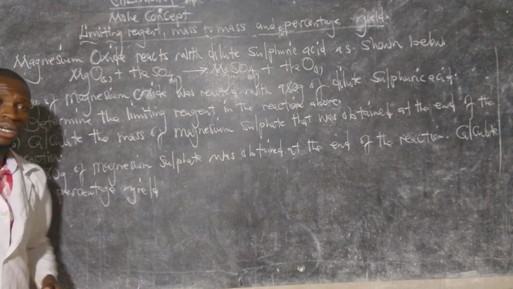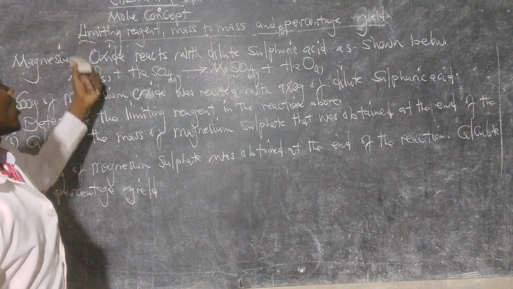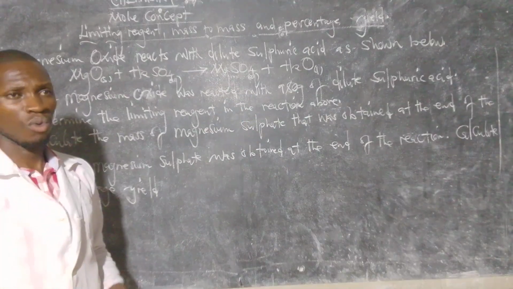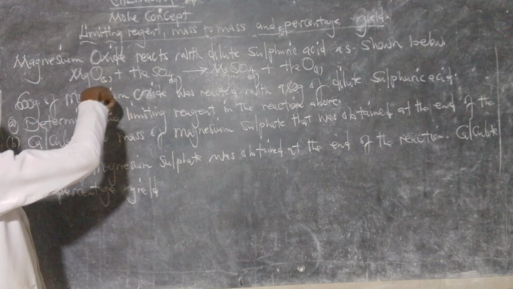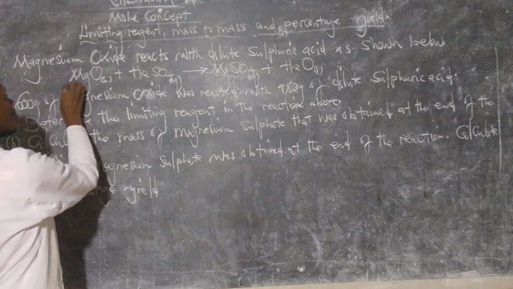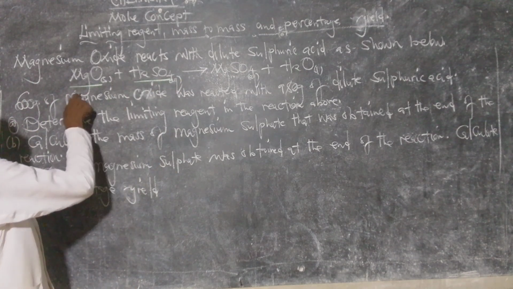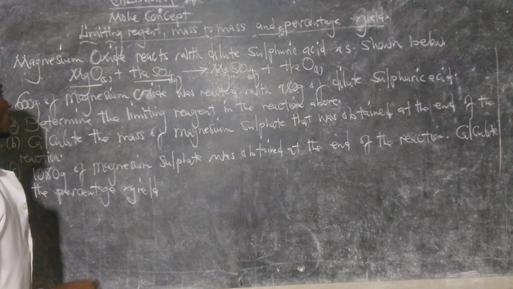Now, remember that a limiting reagent is a reactant which determines how far the reaction will go. We need to understand that the limiting reagent is only determined from these two reactants. We want to find out which one will limit how far the reaction will go.